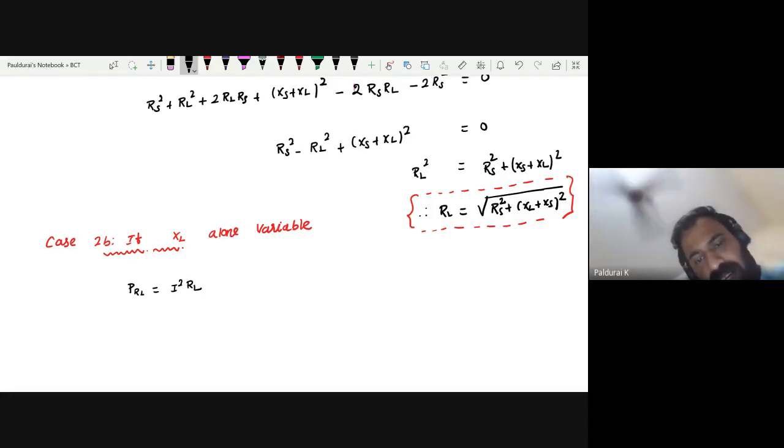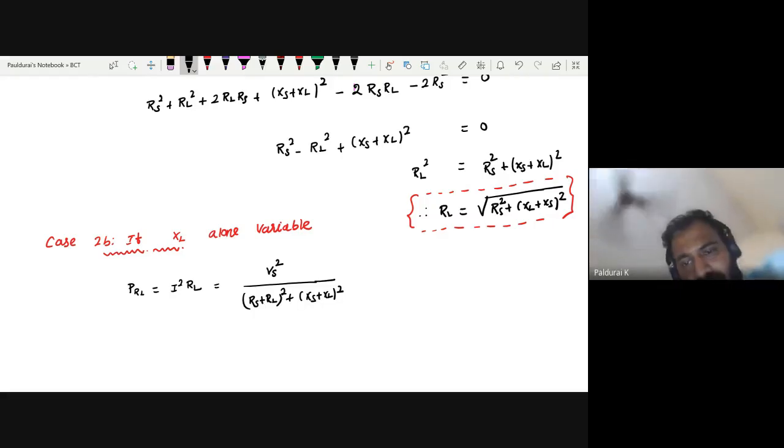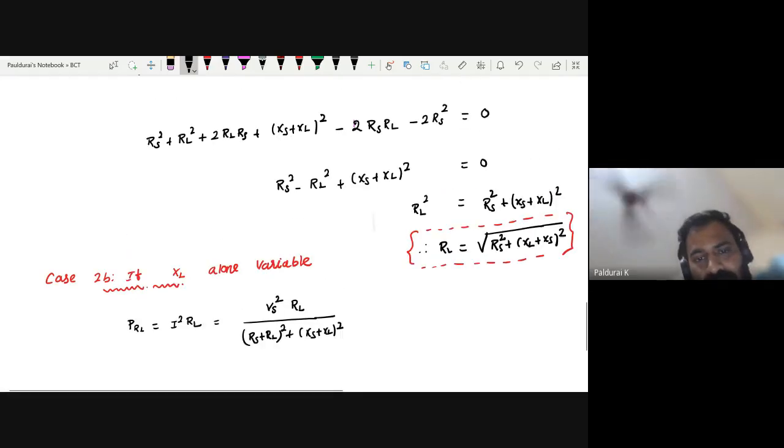I squared RL, where I equals Vs divided by the square root of Rs plus RL the whole squared plus Xs plus XL the whole squared, times RL. So this is the power dissipation across the load. Same equation I took.